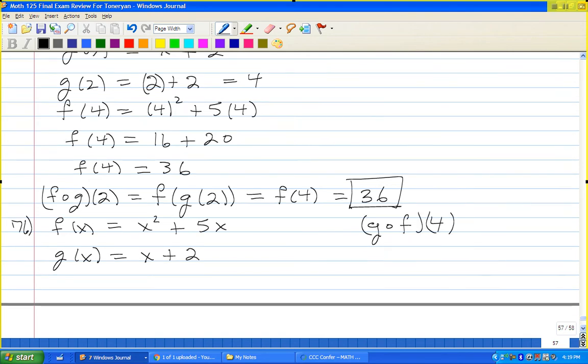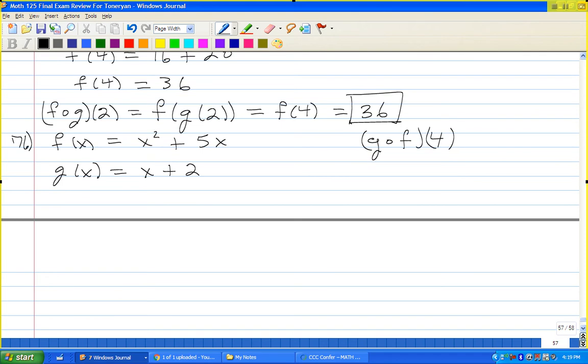So let's first compute f of 4. Well, we actually know what that is, but 36. So f of 4 is, wherever I see an x, I'll replace x by 4. And so 4 squared is 16, plus 20 is 36.